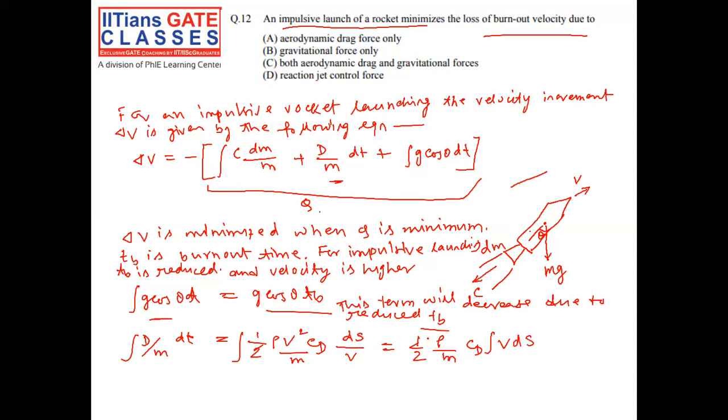Now for an impulsive rocket launching, since for a given distance velocity is increased, this term will increase for impulsive rocket launching.